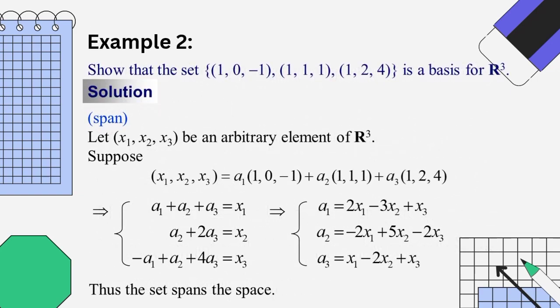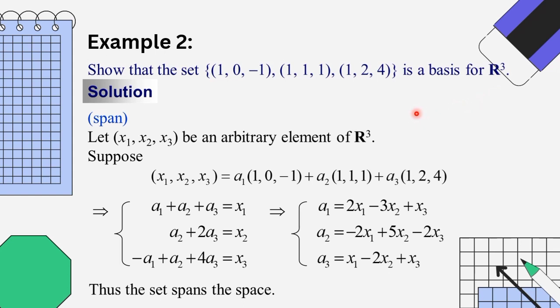Let's take example number 2 and use the two conditions on basis. Let us show that the set (1, 0, -1), (1, 1, 1), and (1, 2, 4) is a basis for R3. Based on the definition, it should span and be linearly independent.